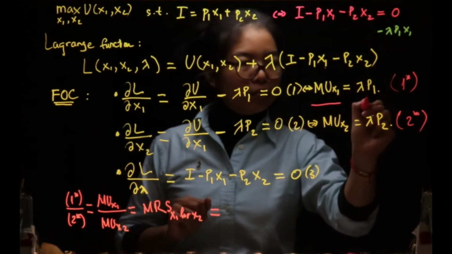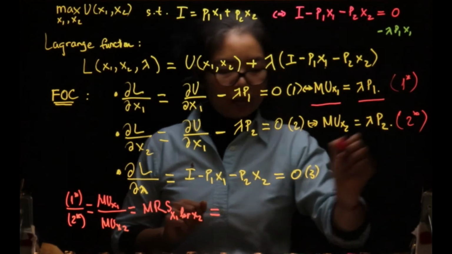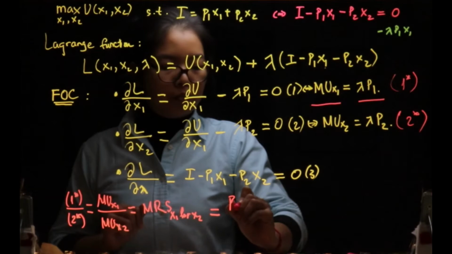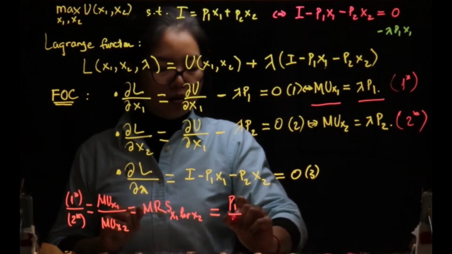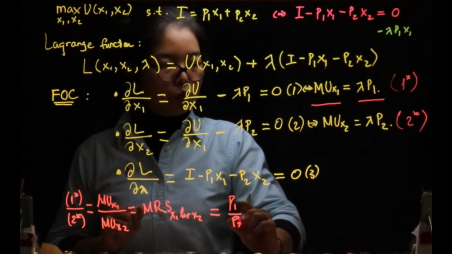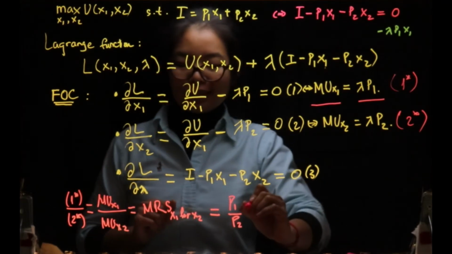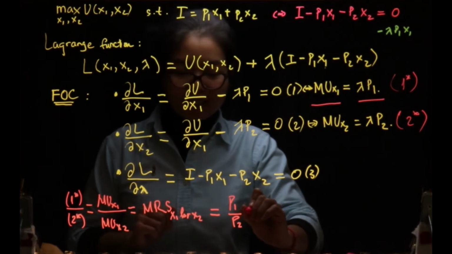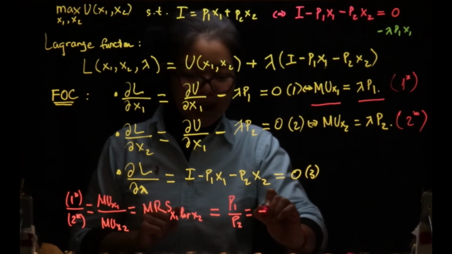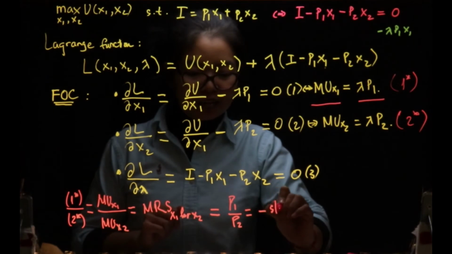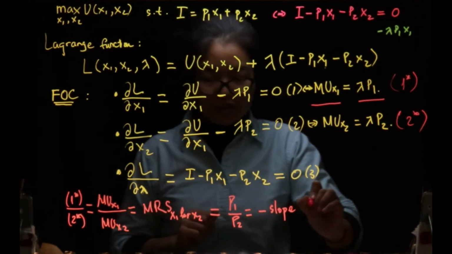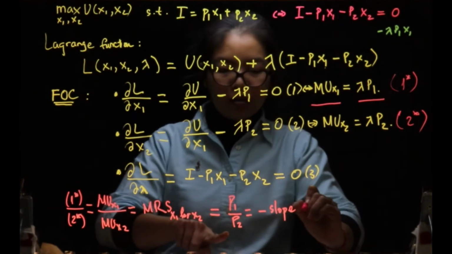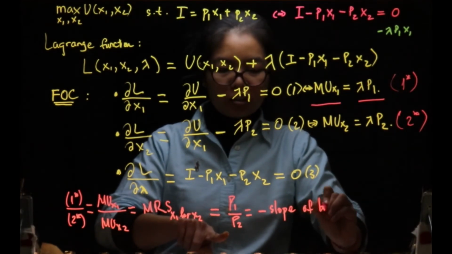You have lambda divided by lambda, which simplifies and is gone, and at the end you have p1 over p2, similar to what we've seen before. That is actually the negative of the slope of the budget constraint.